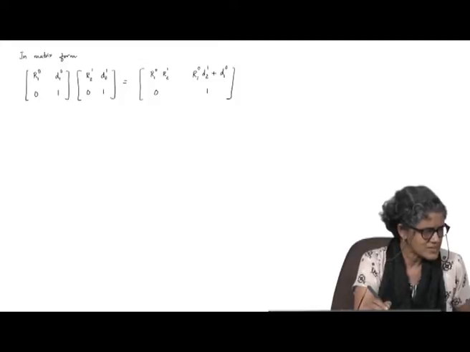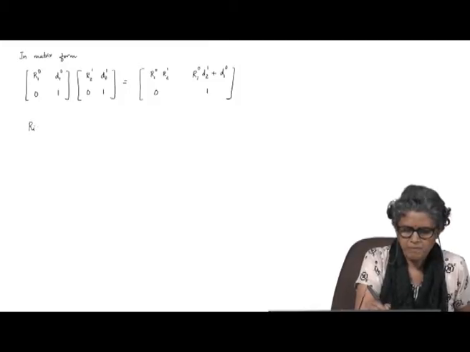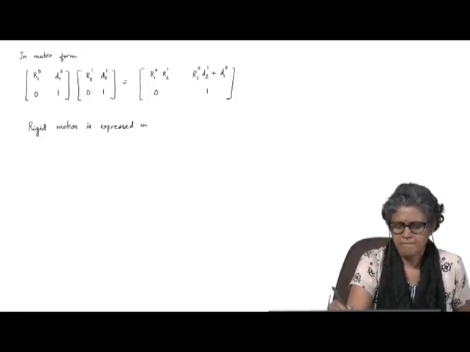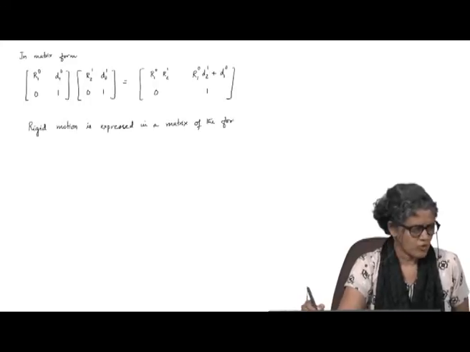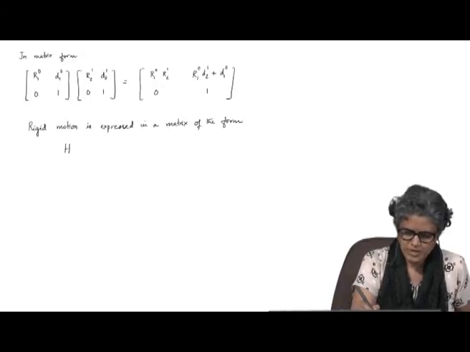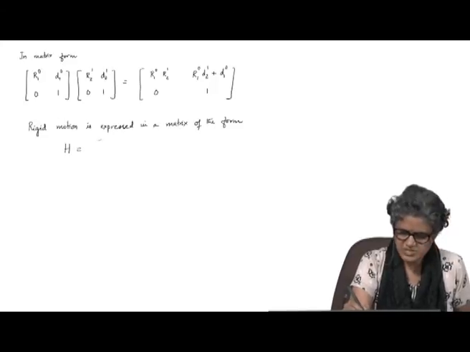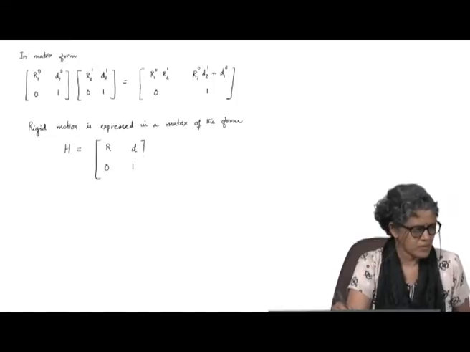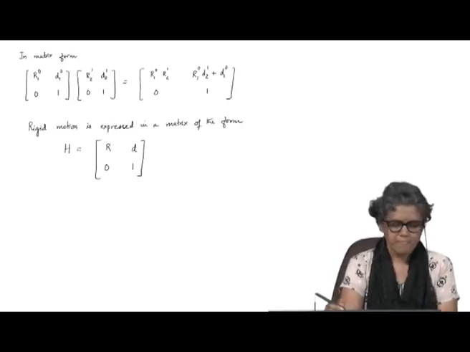So, we say the rigid motion of the form, we call it H for homogeneous transformation matrix, and we say R10, D10. Okay.